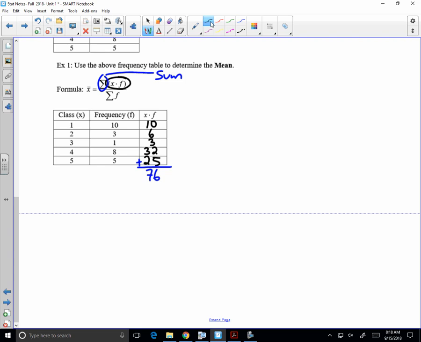All right, so the numerator in my x bar, remember x bar is a symbol for mean. All right, that stands for sample mean. We are living in the world of sample means for this unit, so everything's a sample mean, so you could just think mean.